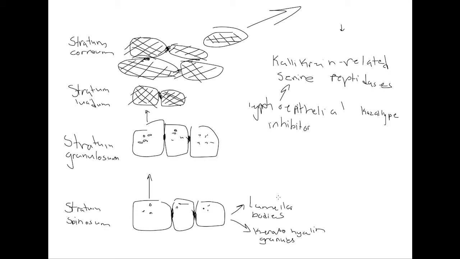They contribute to the epidermal water barrier, and these keratohyalin granules contribute to keratinization. So these lamellar bodies in the stratum granulosum contribute to the epidermal water barrier, and the epidermal water barrier works to stop water loss.